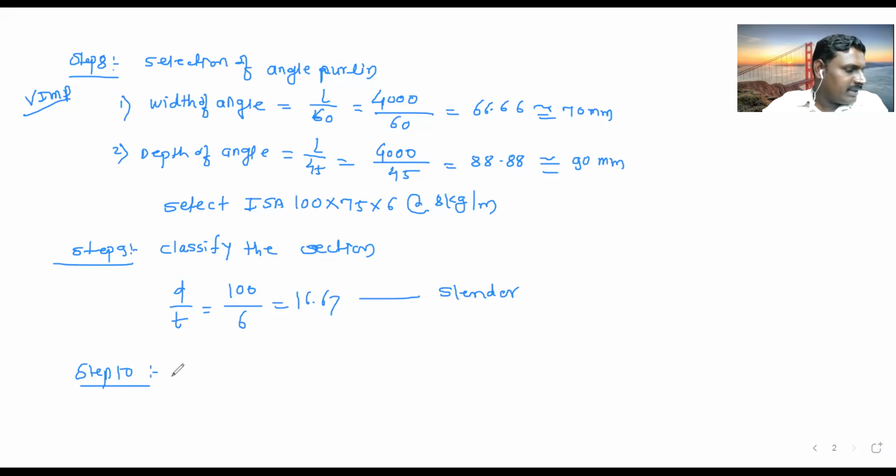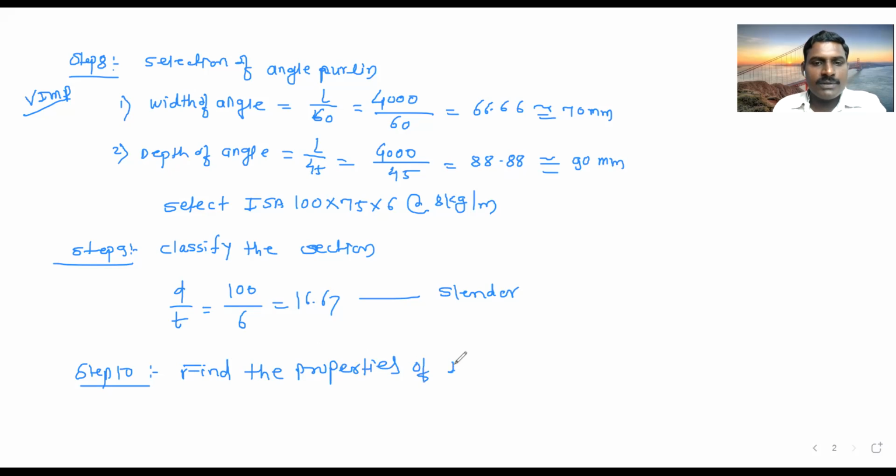Actually, the suitable angle section we have found here only. Here we will write find the properties, because the angle section we have taken here and classification is taken here. So we require properties. We have to find them out.